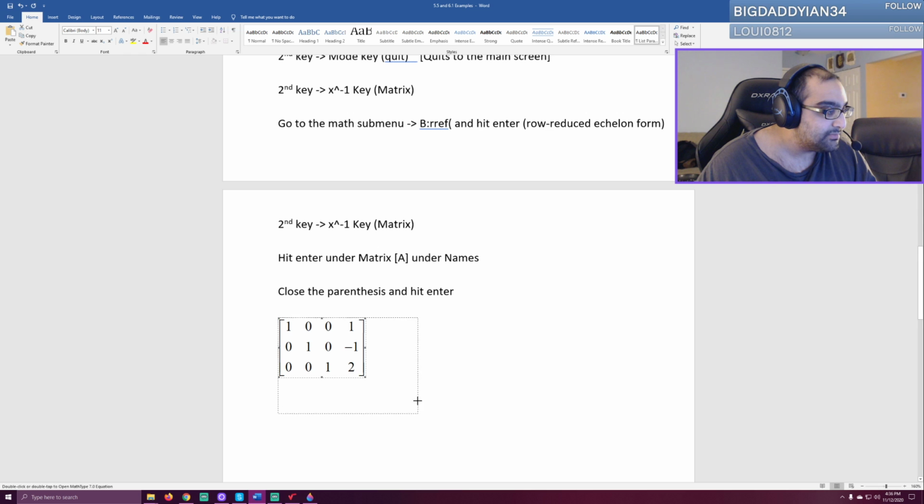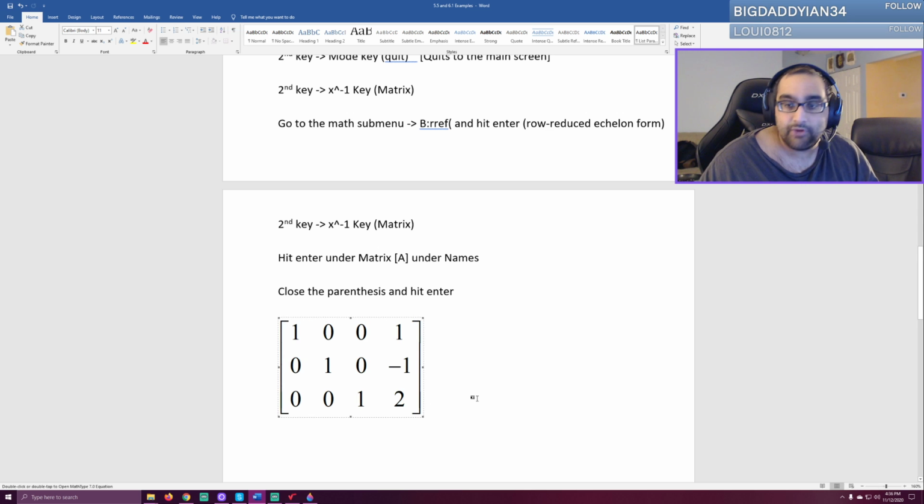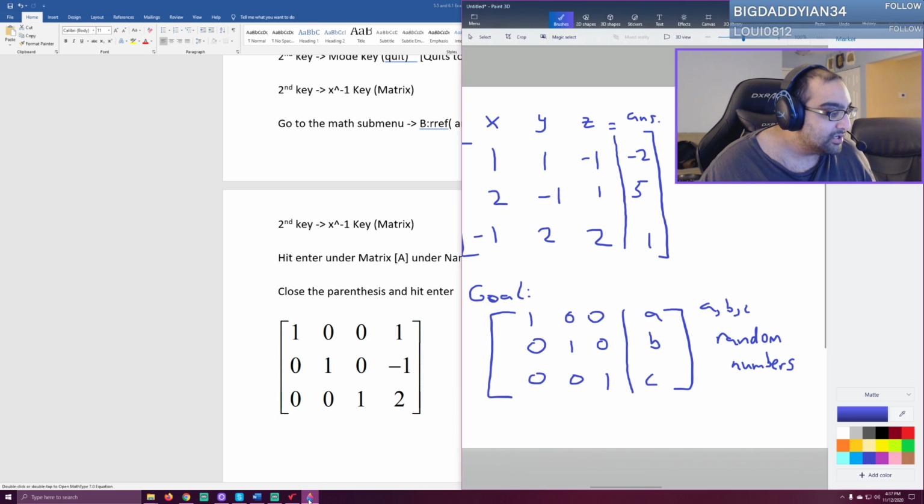So this is the matrix that you should have gotten for your final result for this answer here. And remember, we did talk about this. This is the goal that we wanted here.